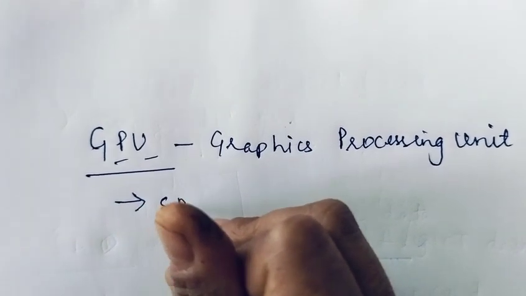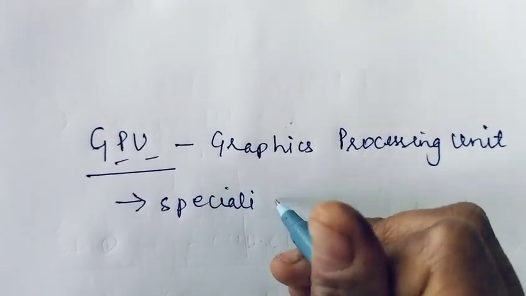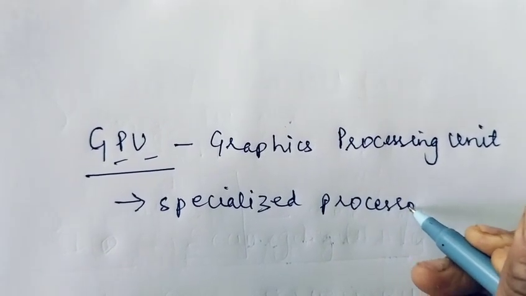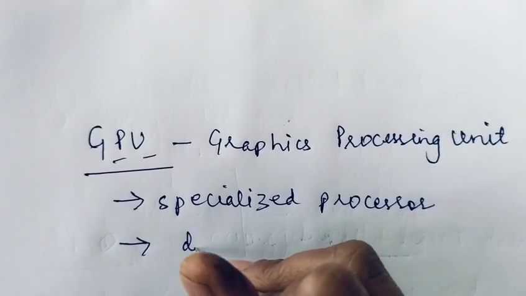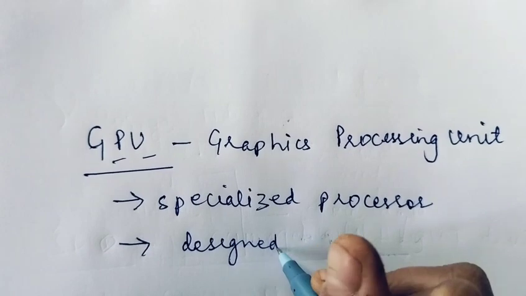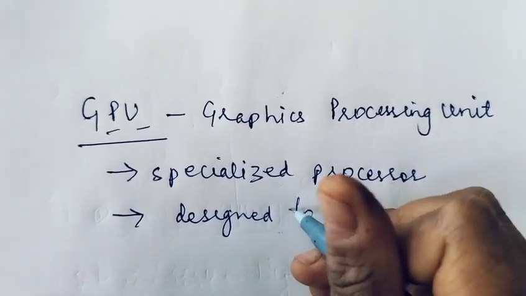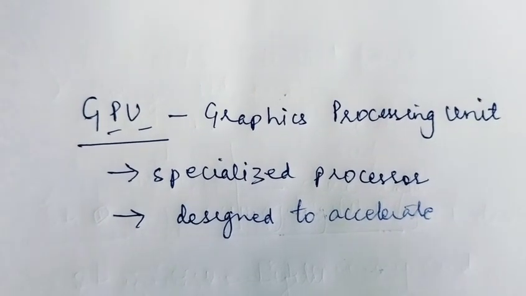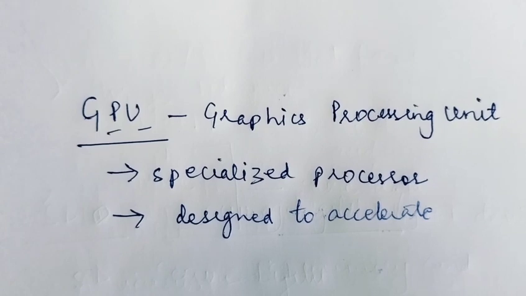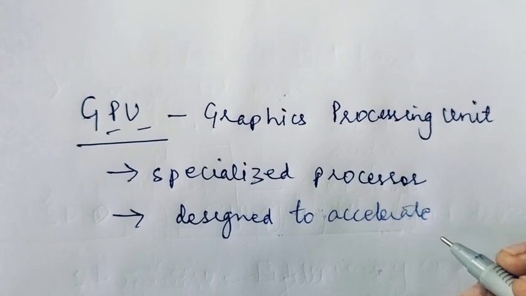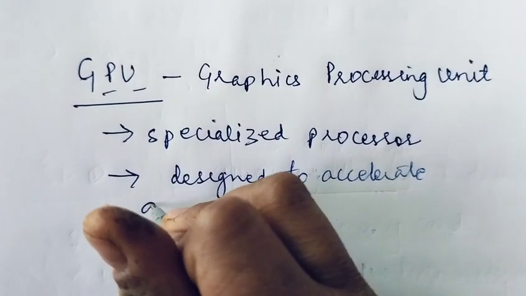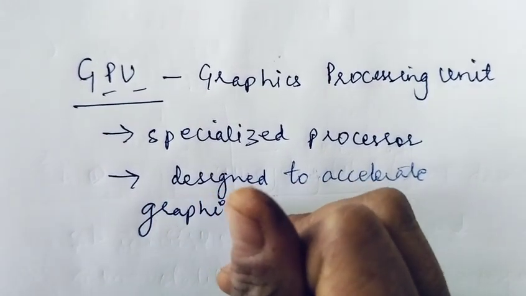So you can say that it is a specialized processor which is originally designed to accelerate the speed of graphics rendering. That means you can accelerate the rendering of graphics using your GPU. So it is designed to accelerate the graphics rendering.